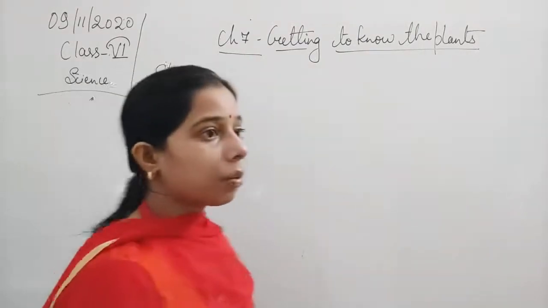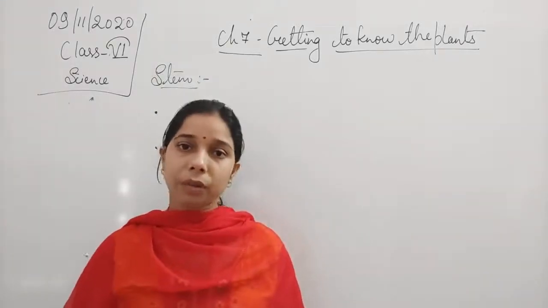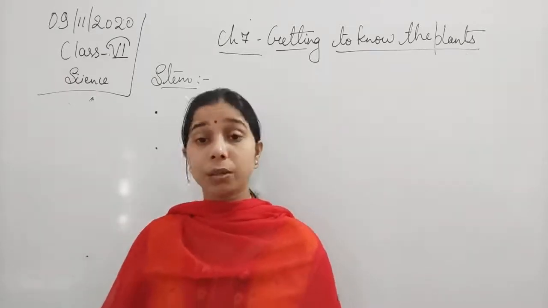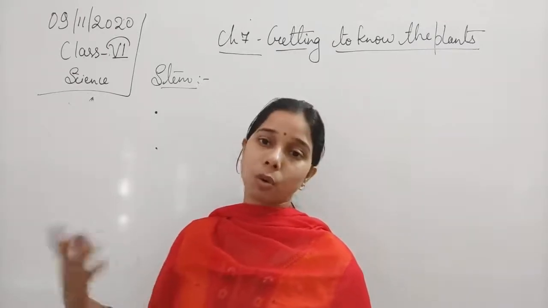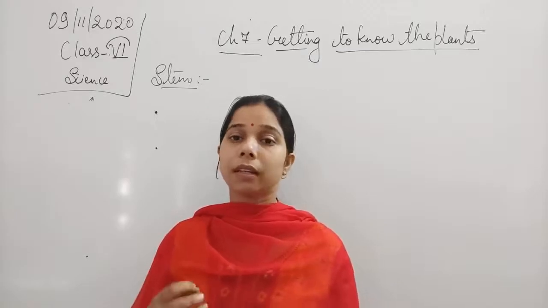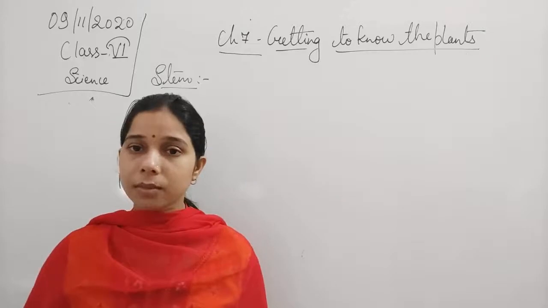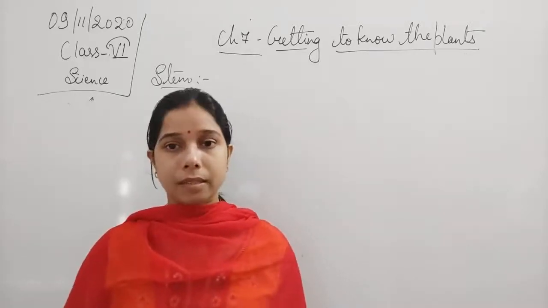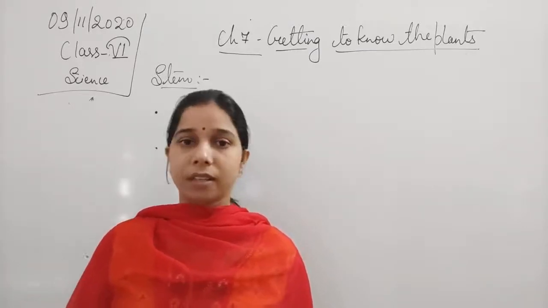Stem is what, student? A part of the plant which goes vertically above to that of the ground, that is known as the stem of the plant. When you see the plant, you find that the part which goes in the upward direction, that is the stem. Even you say, students, the leaves and the fruits, they get attached to that of the stem. So that is why we can say that it is the part which is present above the ground, which goes in the upward direction.